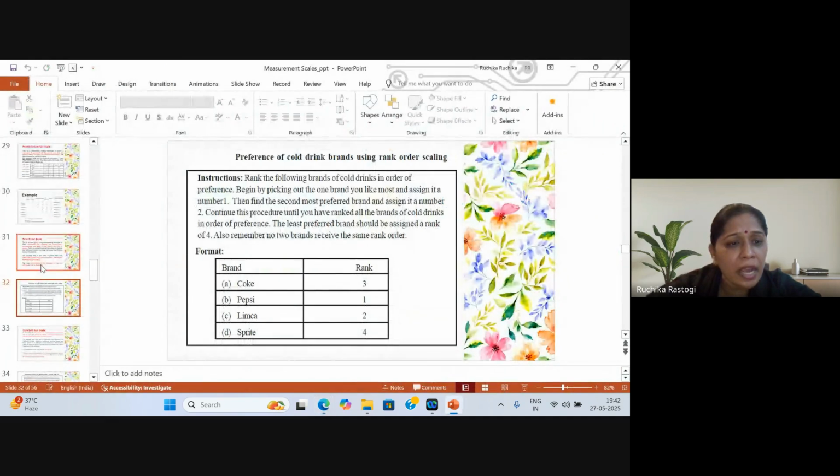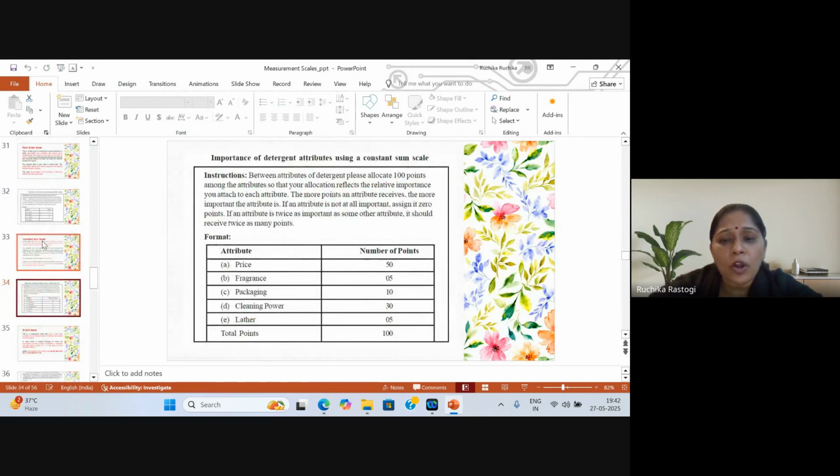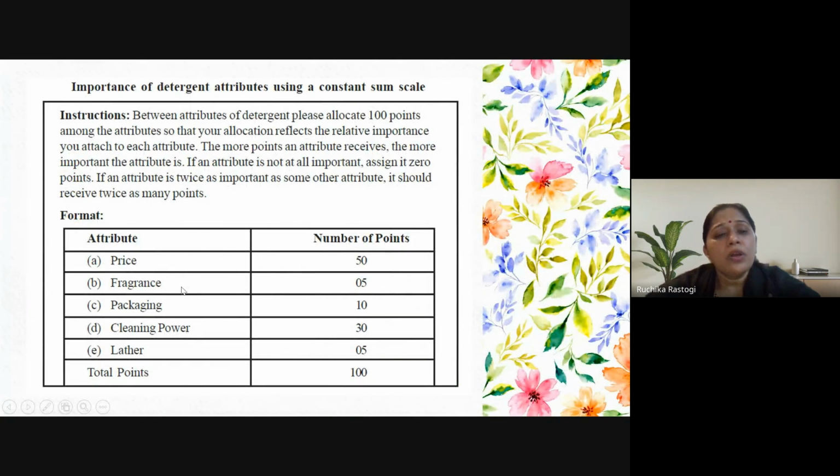Let me just show you the slide of the constant sum also. Yes, this is the constant sum. Likewise, I told you quality for example, fit for example, and price. But here in the slide we have taken some other features: price, fragrance, packaging, cleaning power, and lather. And we are talking about a detergent powder.